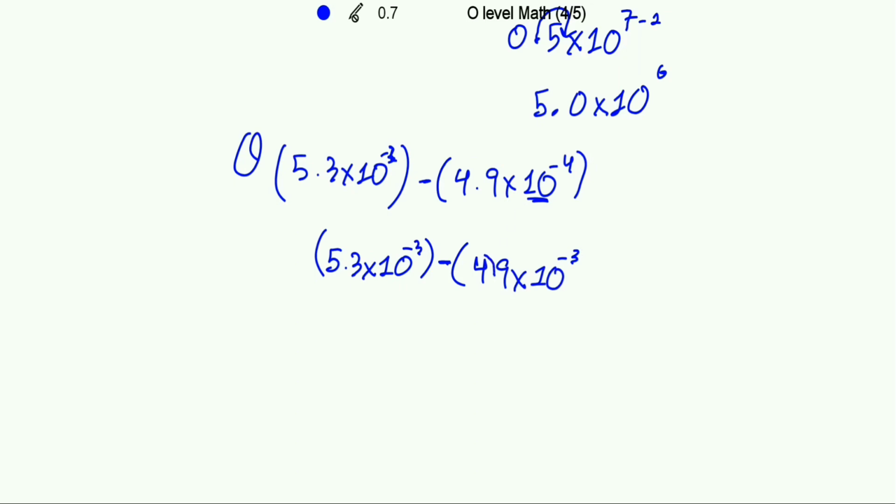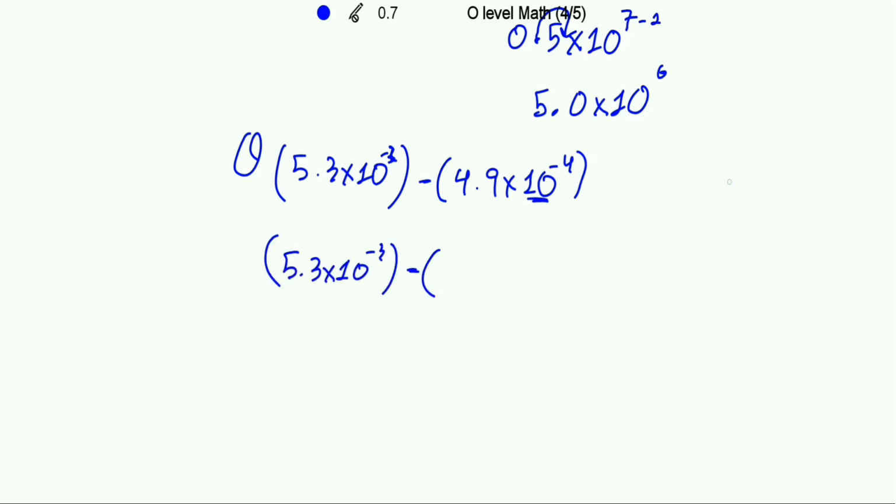As we know, if the dot goes to the right, then the power will be minus, and if the dot goes to the left, then it will be positive. Since we need to go from 10 of minus 4 to minus 3, the dot will go to the left side, so it's going to be 0.49 multiplied by 10 of power minus 3.